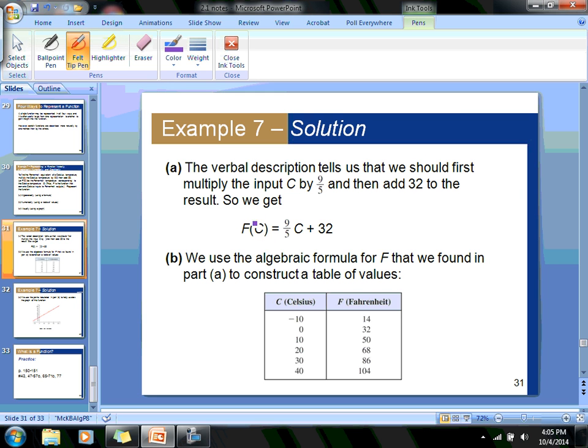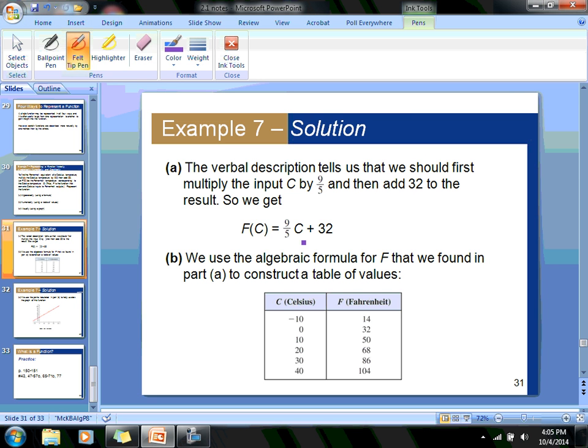And instead of setting it equal to y, like a y equals mx plus b format, or setting it equal to just f, since it's a function now, we have to set it equal to f of c. And notice that c then is the variable in our equation. So then anytime I'm given a Celsius temperature, I can substitute it in here, and then I'll get my Fahrenheit temperature for that Celsius temperature when I actually work out the function.